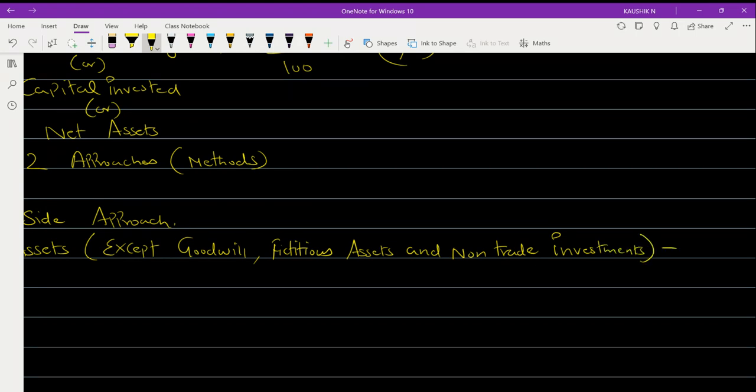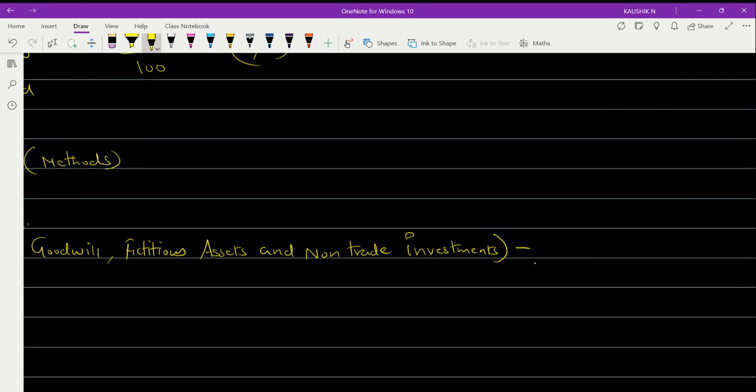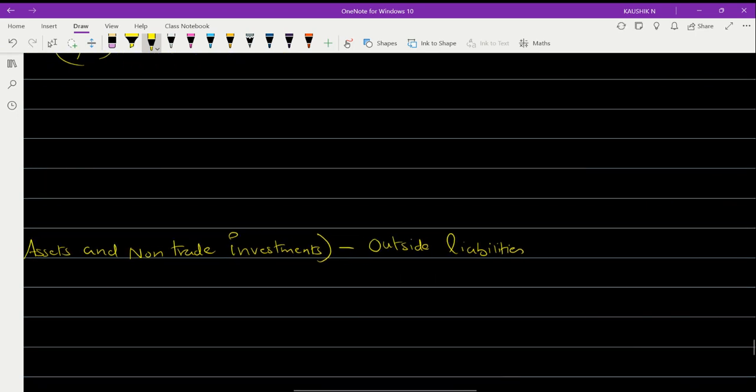These values minus the value of your outside liabilities.